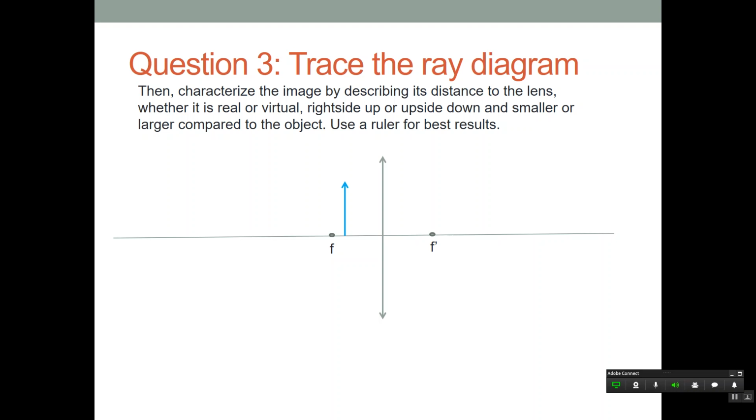Let's start with the easy one. Oh no, it's not a mirror, it's a lens. Parallel to the focal point.